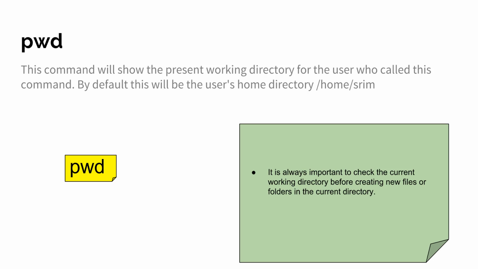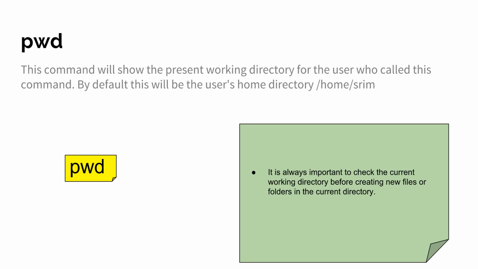The first directory command that we are going to learn is pwd, which means present working directory. Since we execute commands, we want to make sure we are in the right directory where the commands should be executed.